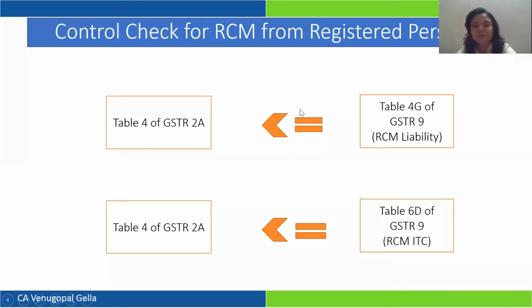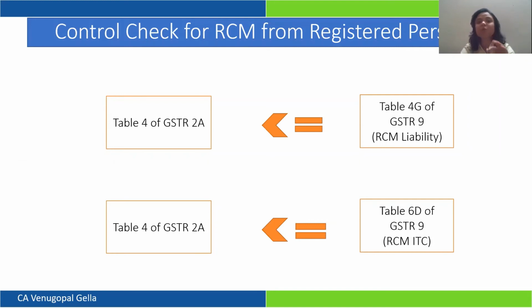Another way to check RCM liability and RCM credit claimed would be GSTR-2A. So GSTR-2A table 4 is about the RCM. That is, if I am a registered person and my outward supplies are liable to RCM, then I would report it in my GSTR-1 as such.